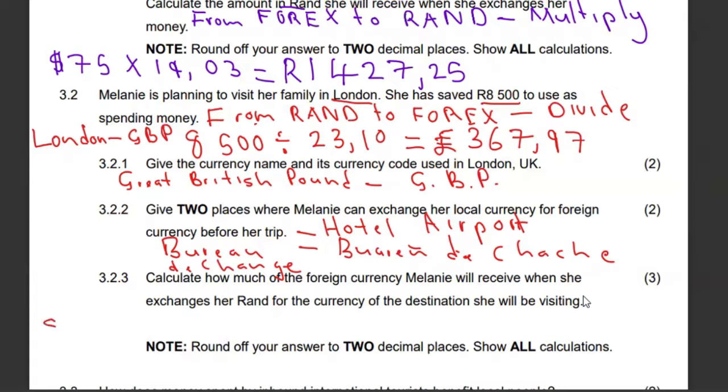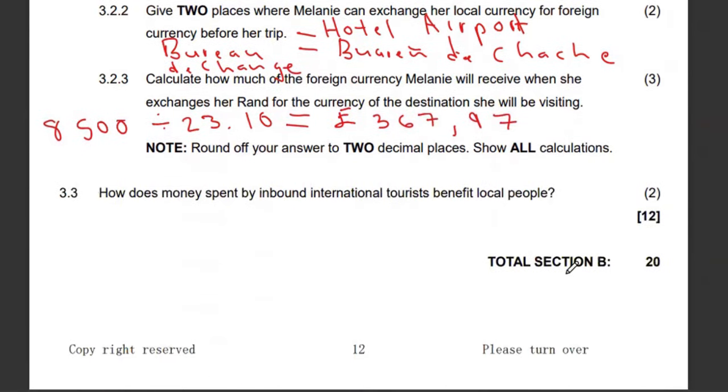So basically, it's 8,500 divided by 23.10, which is equivalent to 367.97. So it's the same calculation which we had already done up there. So that is question 3.